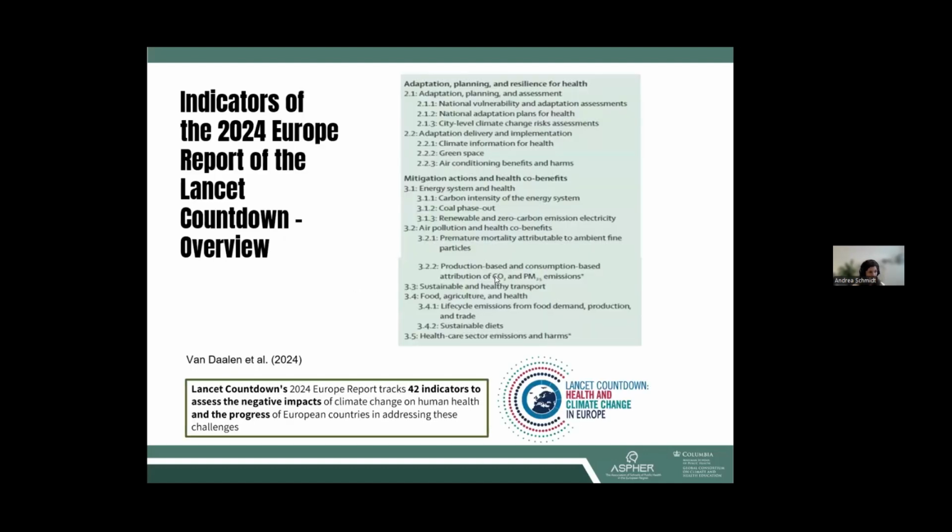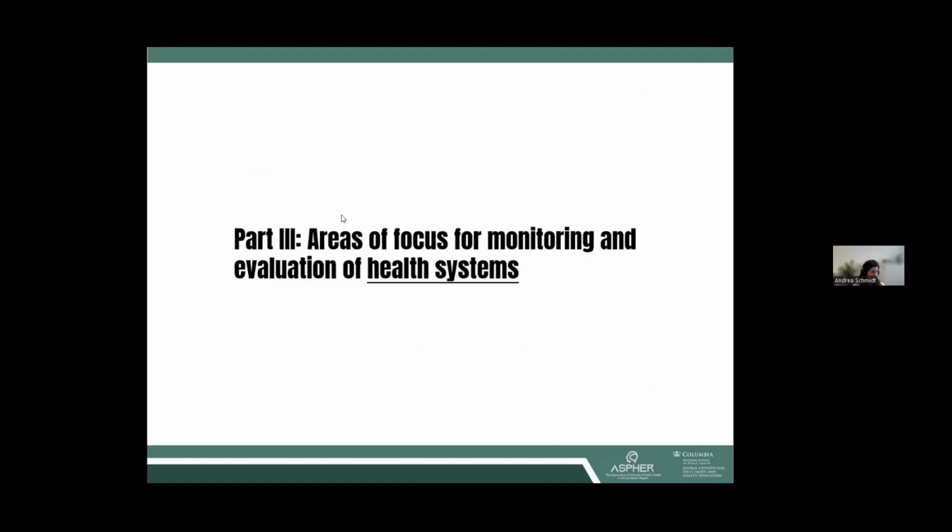And as we will hear later, the Lancet Countdown tracks 42 indicators to assess the negative impacts of climate change on human health. And I really look forward also to Kim's presentation here. And you can see that there are already a number of indicators that will be really interesting to hear about.